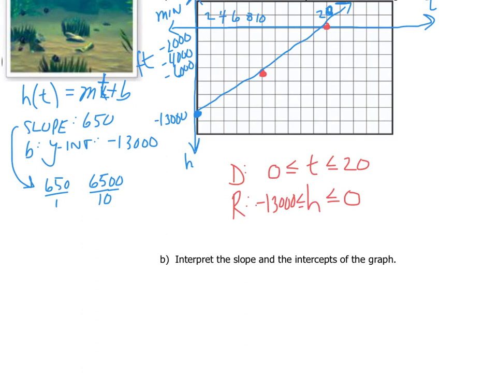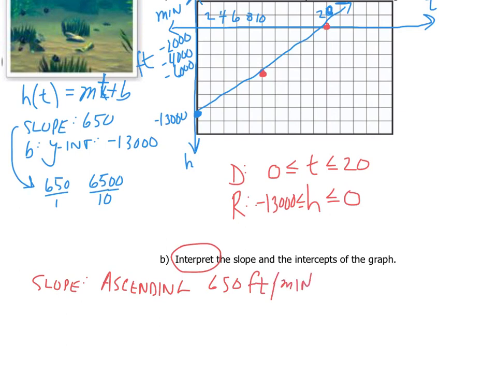So real quickly on that, remember the word interpret. It's very important that we understand this. What do those numbers mean? Not just what is the slope and what is the intercepts, but what do they mean? All right, so the slope. In some way, how you would word this, some way of your own wording, you're basically saying that we are ascending 650 feet per minute.